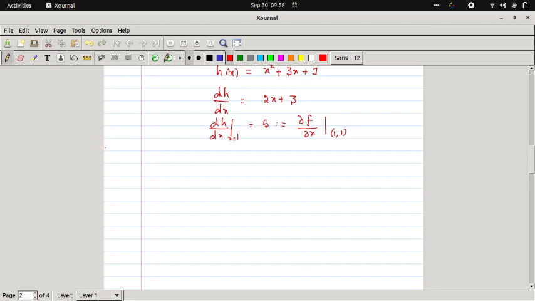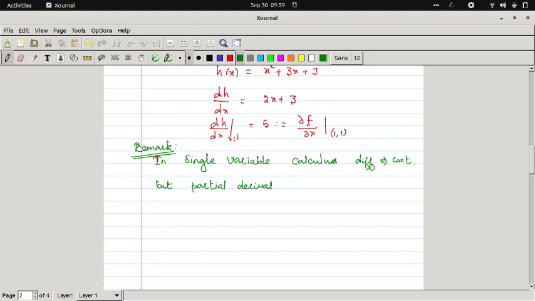We know that in ordinary derivatives, in single variable calculus, differentiability implies continuity, correct? But in multivariable calculus, the existence of partial derivatives does not imply continuity.